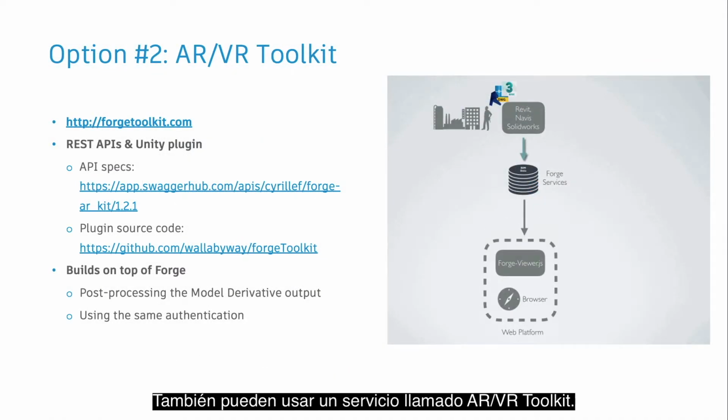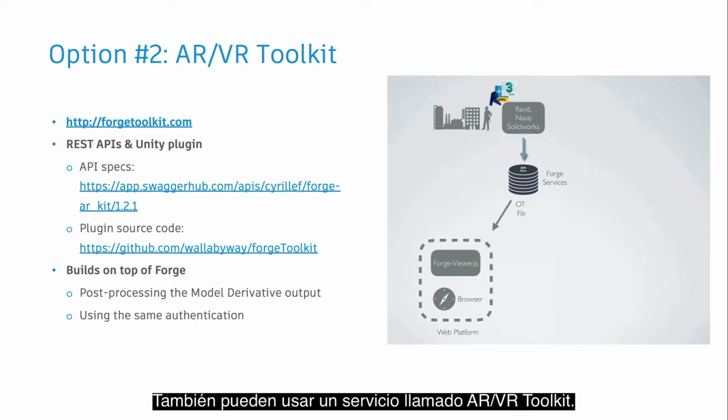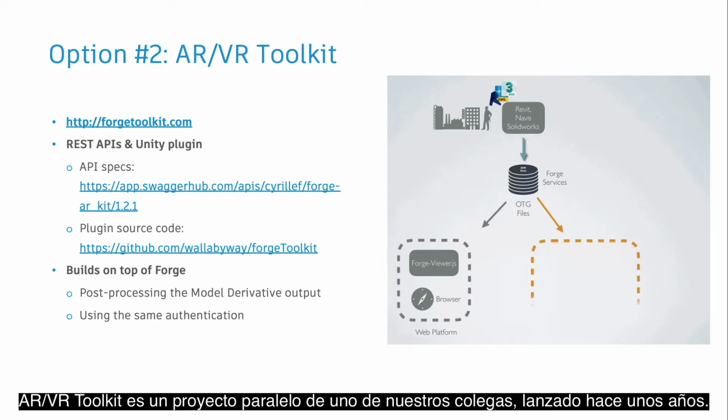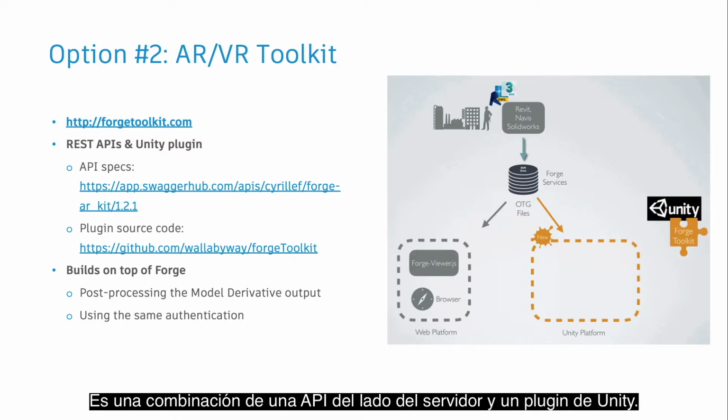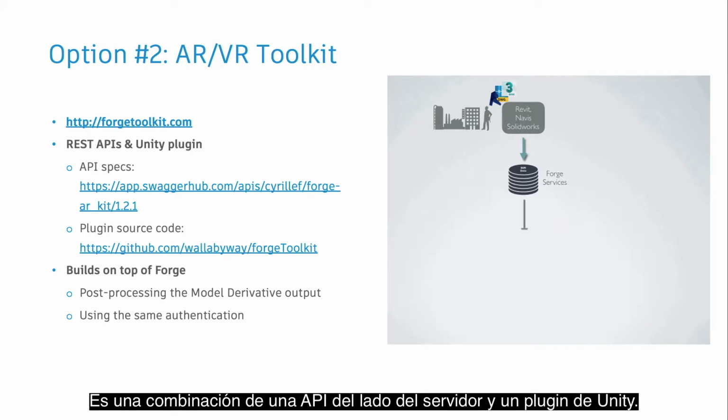Another option is to use a service called AR/VR Toolkit. AR/VR Toolkit is a side project of one of our colleagues started a couple of years ago. It's a combination of a server-side API and a Unity plugin.